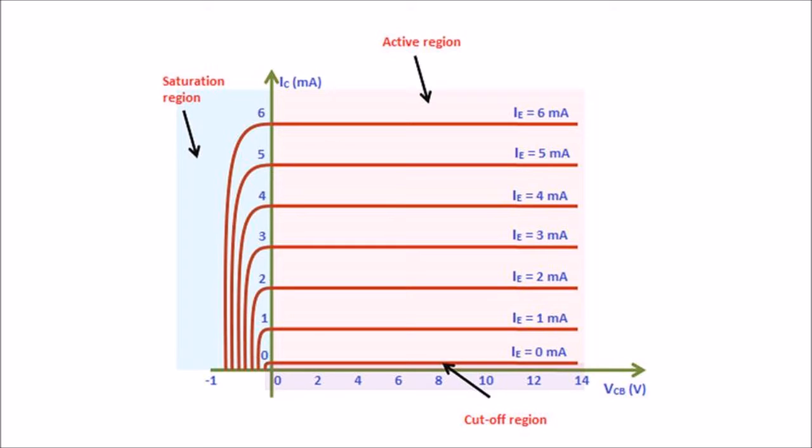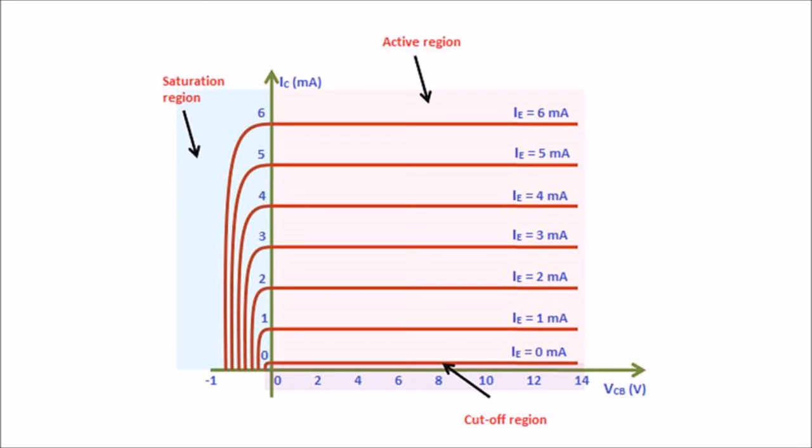After we keep the input current IE constant at 1 milliampere, the output voltage VCB is increased from 0 volt to different voltage levels. For each level, the output voltage VCB and the output current IC are recorded. A curve is then drawn between the output current IC and output voltage VCB at constant input current IE of 1 milliampere. This region is known as the active region of the transistor.